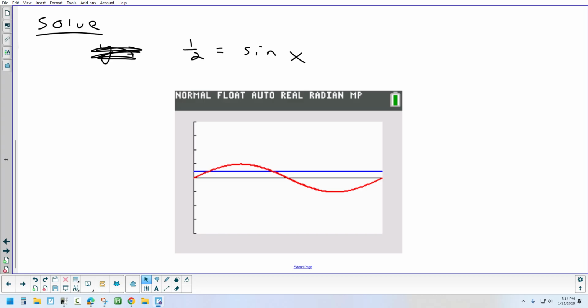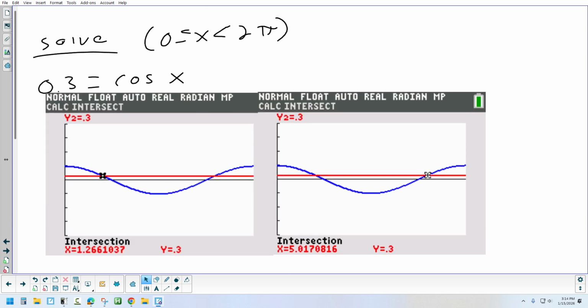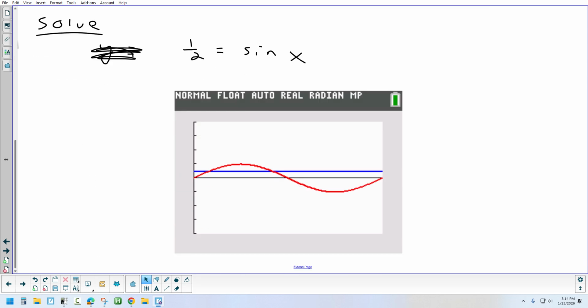Okay, where are the intersection points for the red and the blue? Why do you think there are 3? Because you can't see the full picture. Well, we're seeing as much as they want us to see, because they said to only look between 0 and 2 pi. So we are looking at what they said.